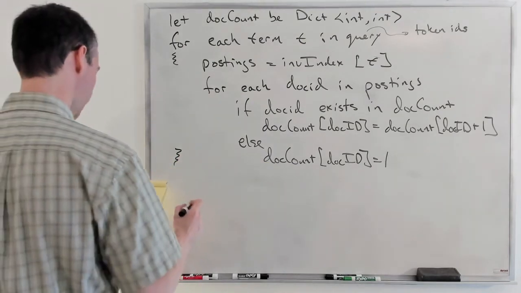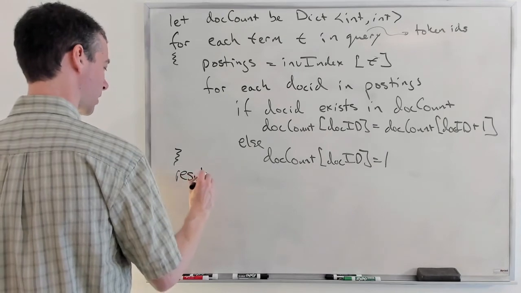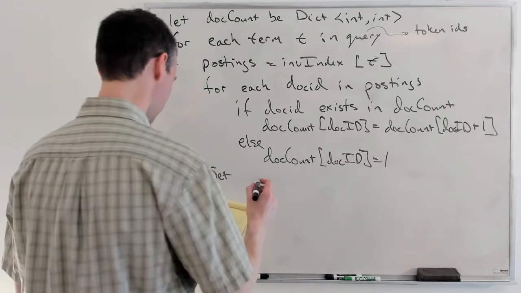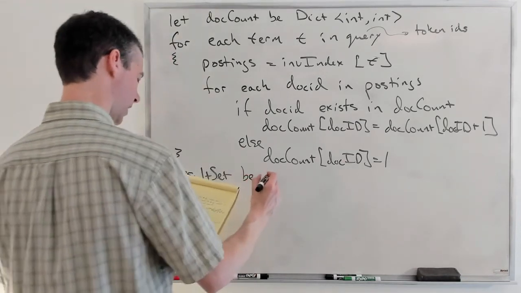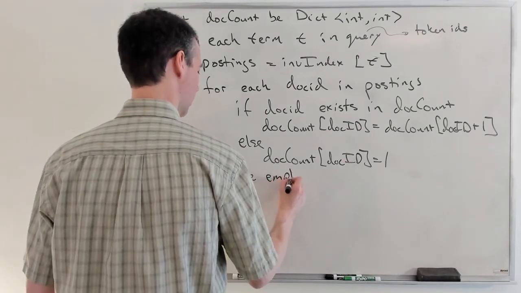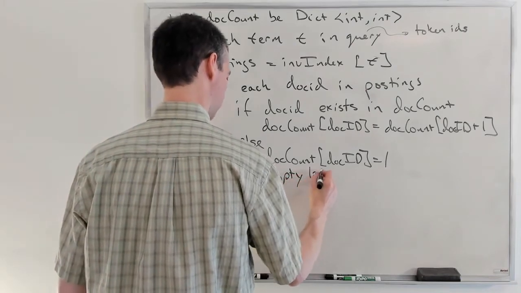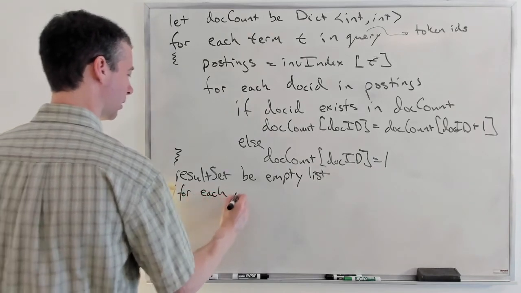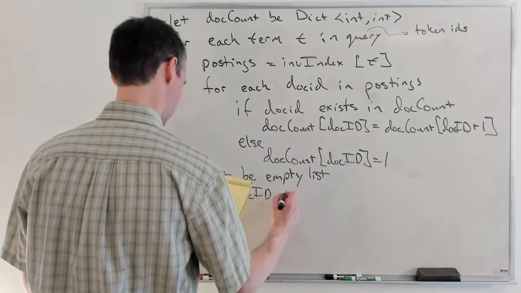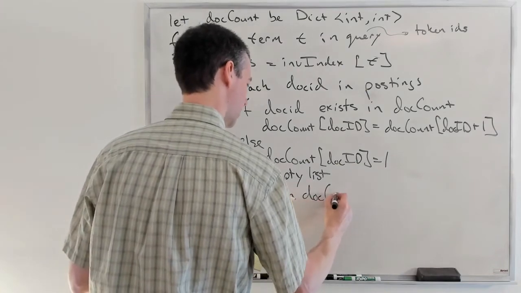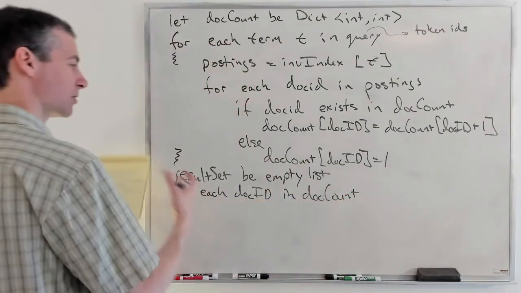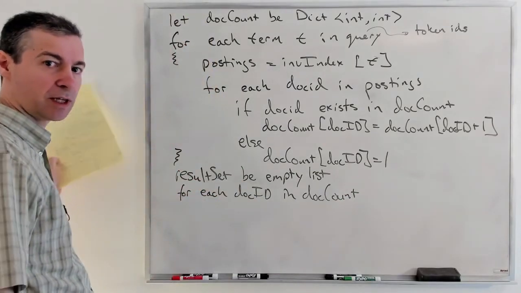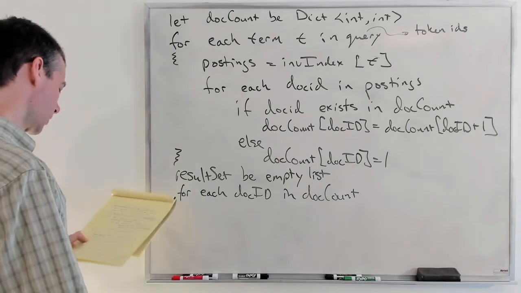And then basically we're going to create this result set. So again, we're producing a set of documents that we're going to give to the user. So we're going to let the result list be an empty list. And now we're going to go through all of the doc IDs in our dictionary of doc count. So this is the union of all the documents that contained any of the query terms.